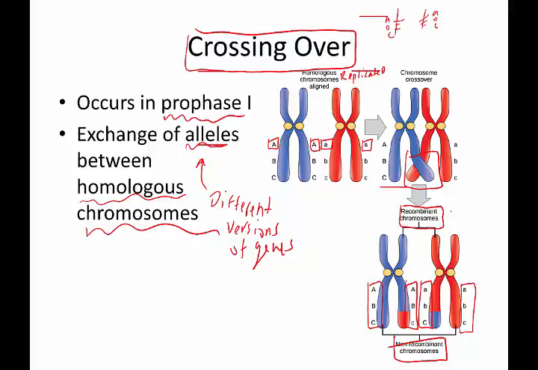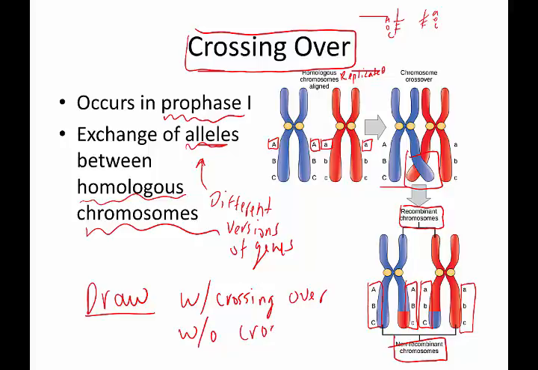So draw what would happen. So draw with crossing over. So what are the possibilities if you do have crossing over happening? And draw the possibilities without crossing over. And for the sake of simplicity, do this only with 2 alleles.